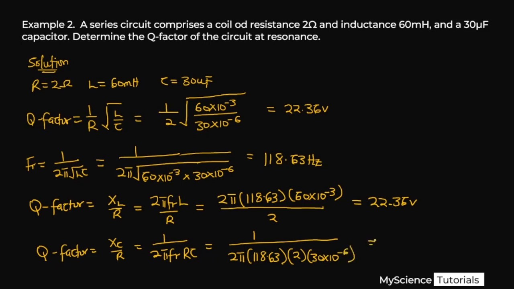So if we do that computation again, we're also going to get 22.36 volts. So there are 3 different ways to calculate the Q factor.